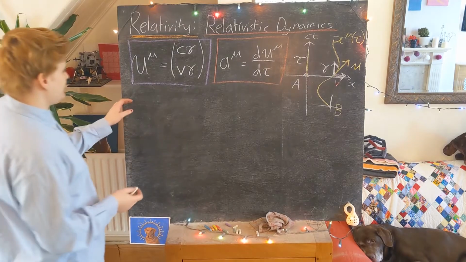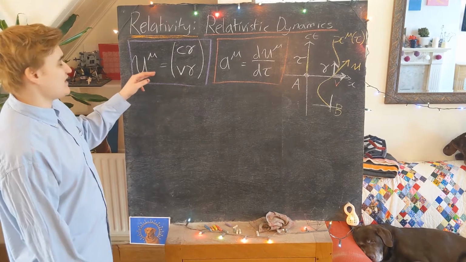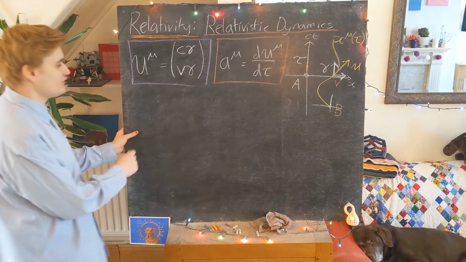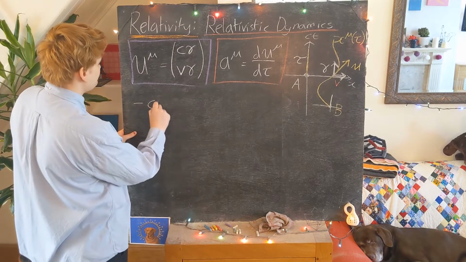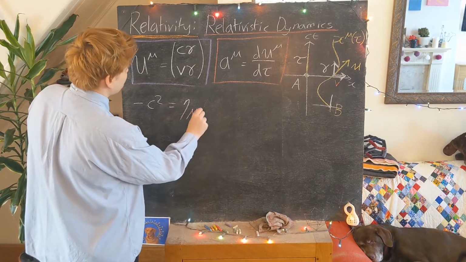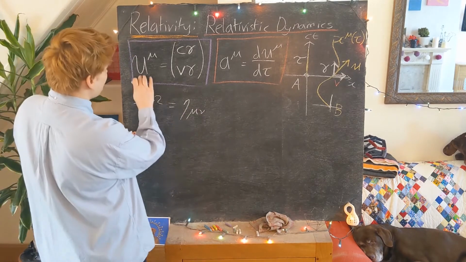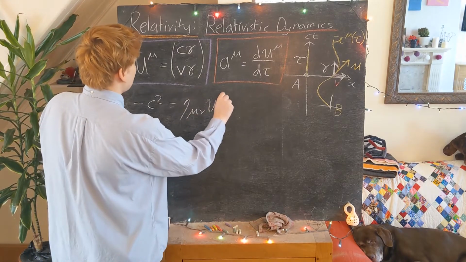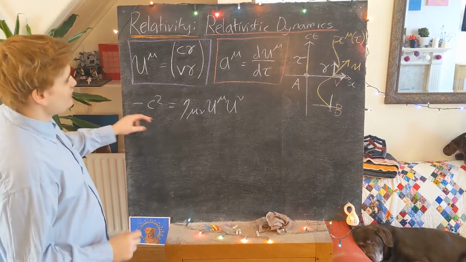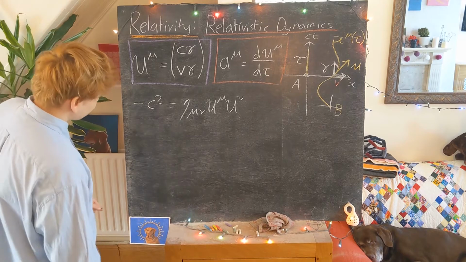To do this, I'm actually going to start in a slightly different place. I'm going to start with the normalization condition we derived for the forward velocity, which, if you remember, worked out to be, if we take the inner product of this full velocity with itself, i.e. just contract it twice against the metric, this always has a constant value of minus c squared.